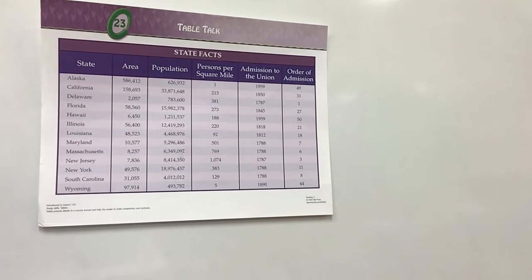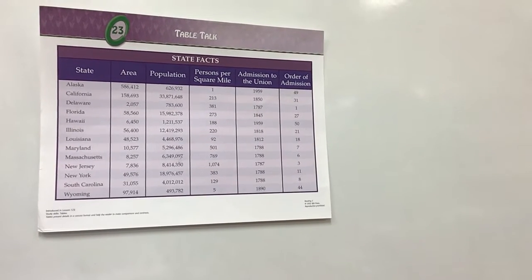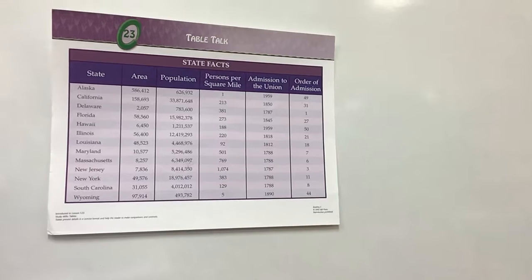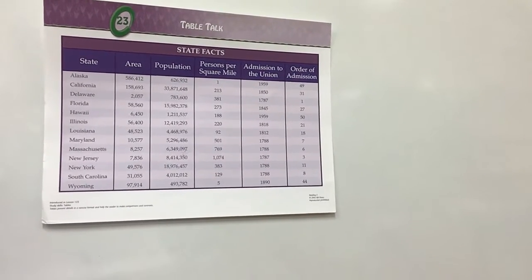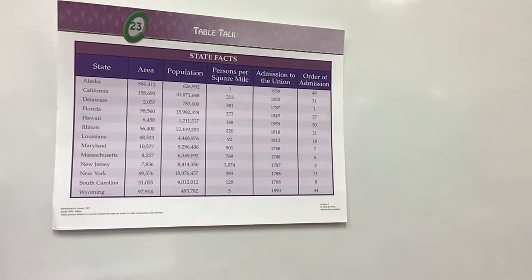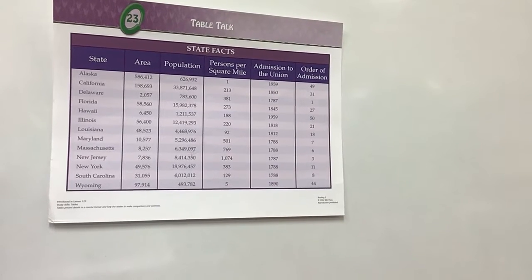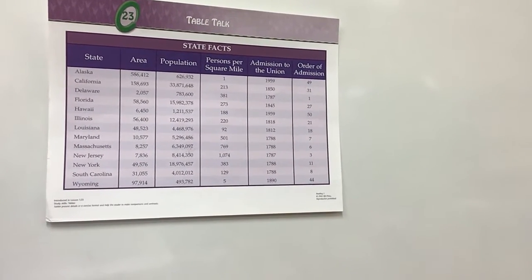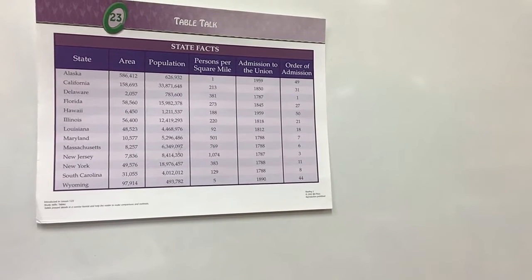It has 1,074 people in 1 square mile. That's a pretty tight living quarters number there. That means that it has a lot of people in a square mile. Contrast that with Alaska, and there's only 1 person per square mile in Alaska.